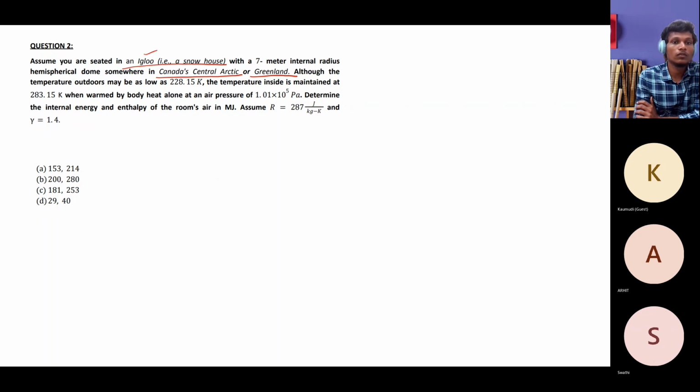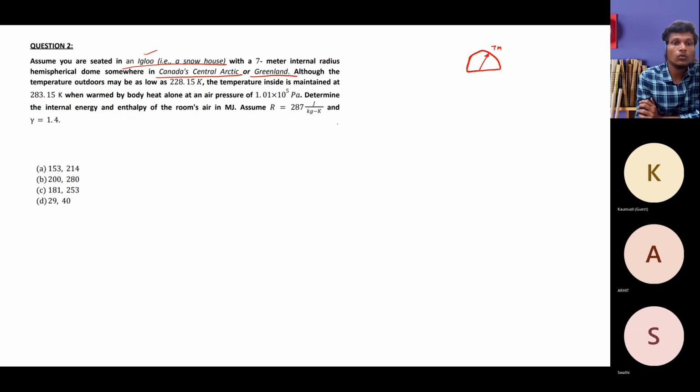You are sitting inside an igloo of 7-meter internal radius, hemispherical. It's not a complete sphere, it's a hemisphere, having a 7-meter radius from the origin.